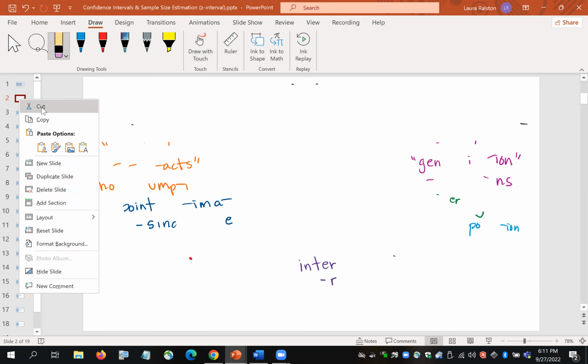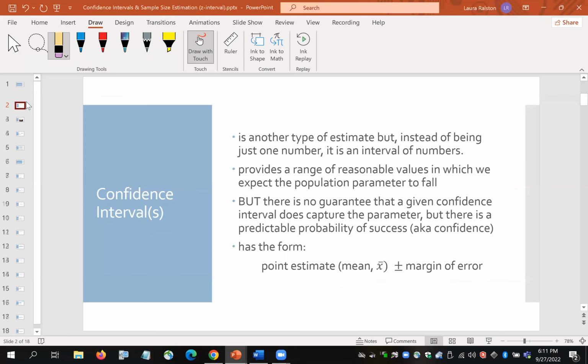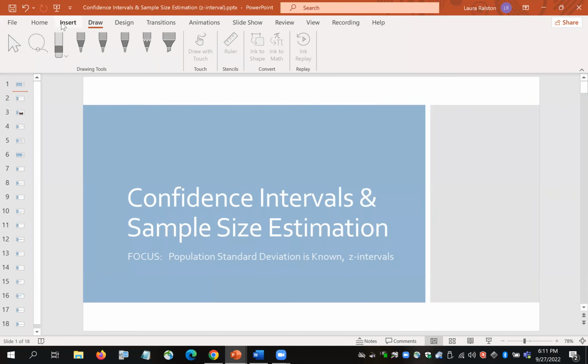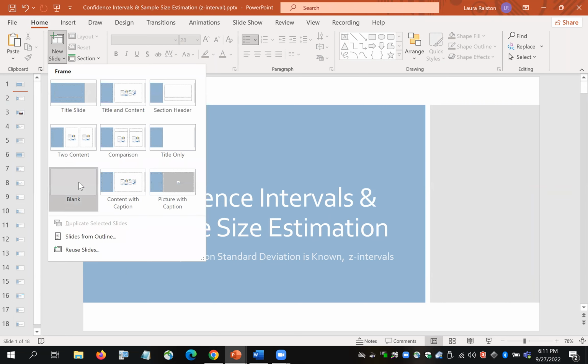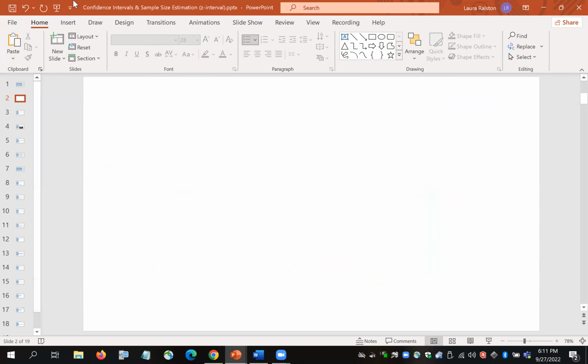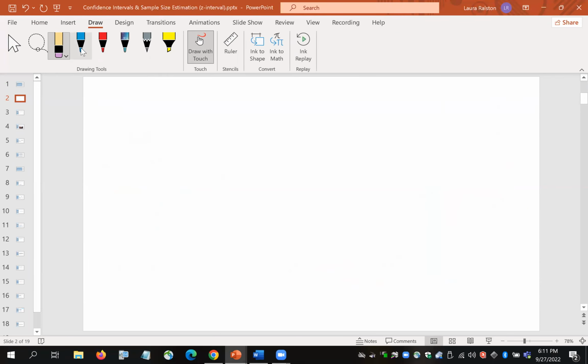I got a better option. Cut, and then insert. All right, so I just put a new slide in there.